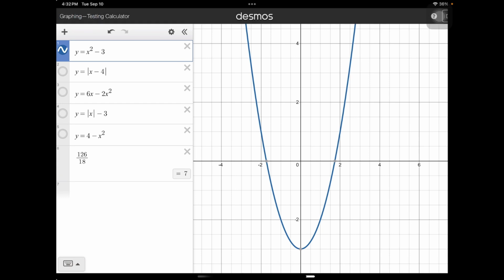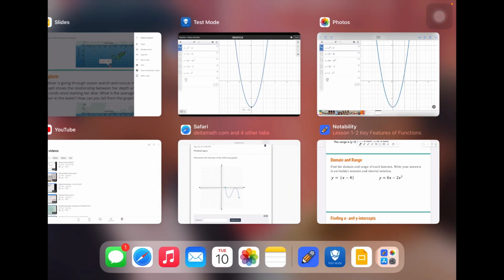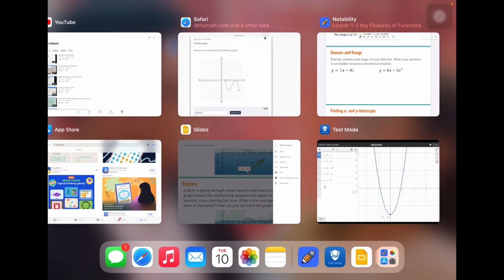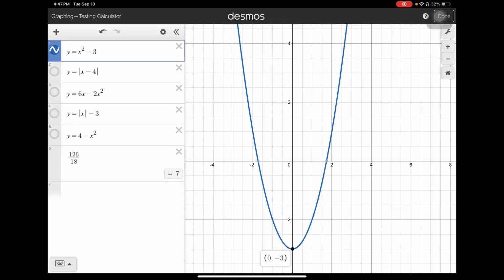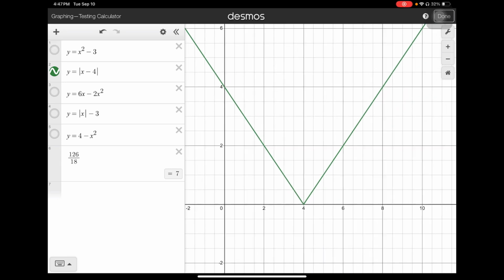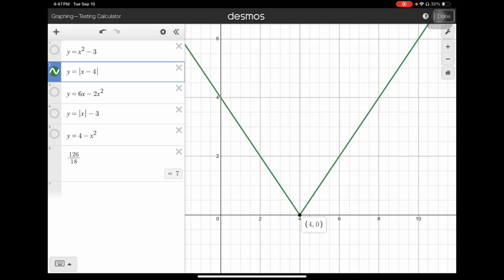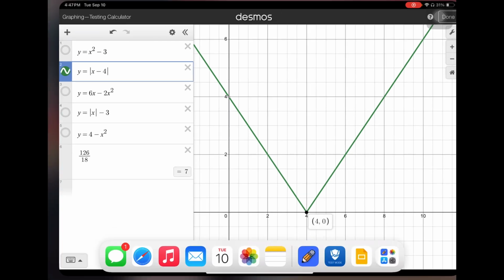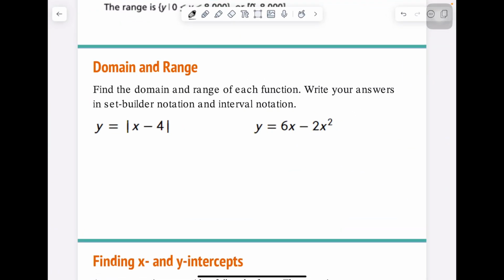In this graph, we have a vertex at 4, 0. The graph looks like a V shape at 4, 0.